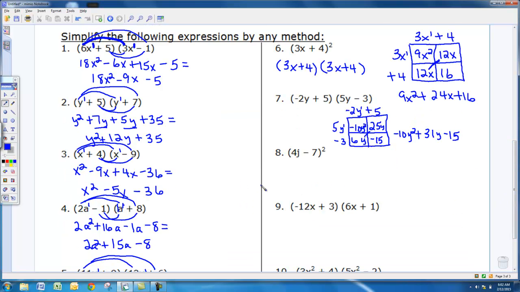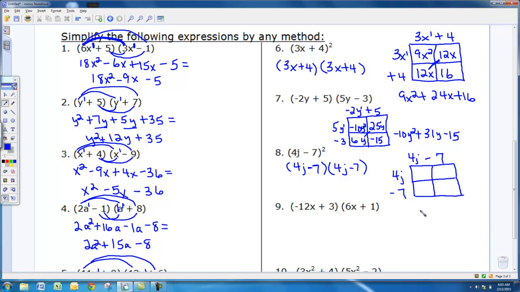Okay, let's have you all do one on your own. I'll help you set up the box. First of all, 4j minus 7 squared means we're multiplying 4j minus 7 times 4j minus 7.